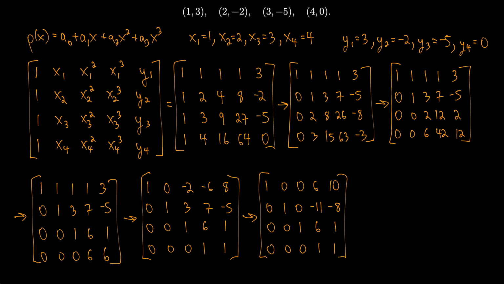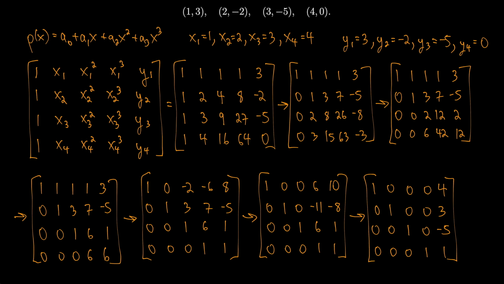Okay, almost done. I just need to get zeros over here. So I'll just subtract multiples of my fourth row, or add for this guy, and I'll get 1, 0, 0, 0, 4, 0, 1, 0, 0, 3, 0, 0, 1, 0, minus 5, 0, 0, 0, 1, 1. There we go.